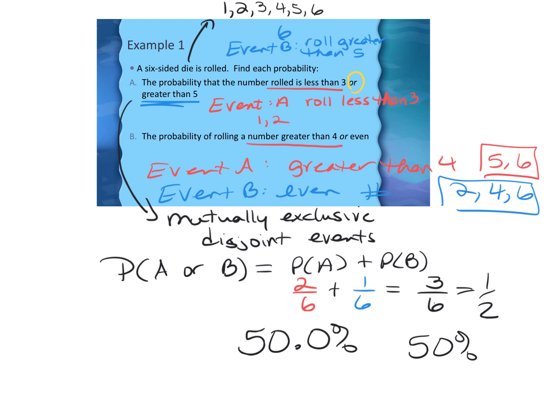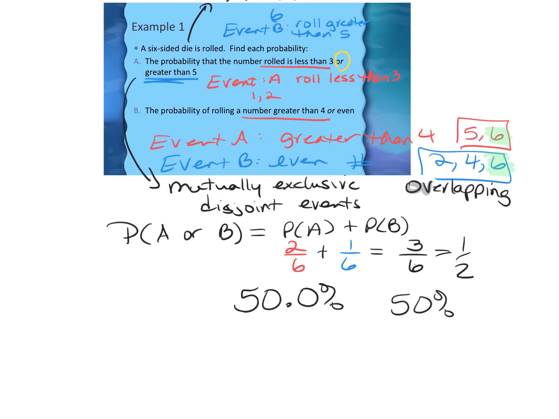Notice this time I have an outcome in common, and that outcome in common is the number 6. So this is an example of overlapping events because they have an outcome in common. So when I have overlapping outcomes in common, when I go to do part B, it's still probability of event A, which is greater than 4, or event B, even.